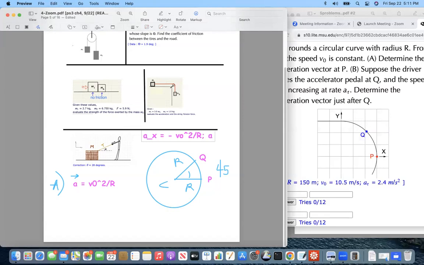And a sub y is 0, where x is this direction. So a is in the minus i hat direction.